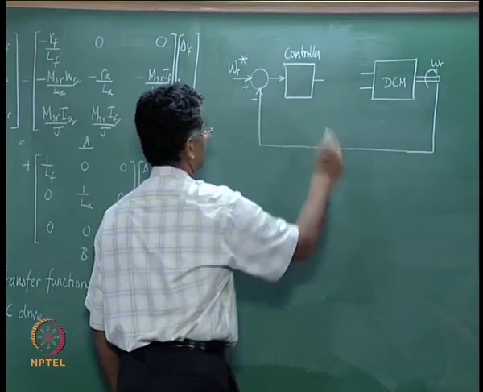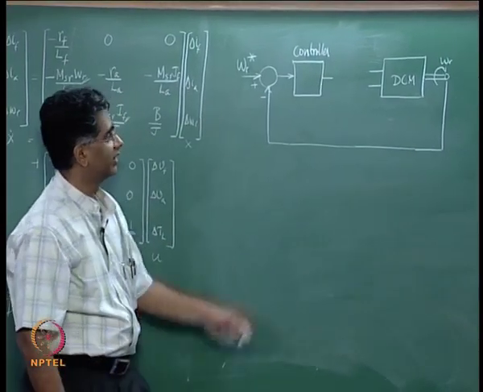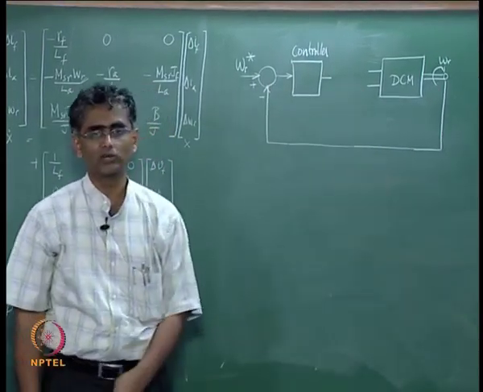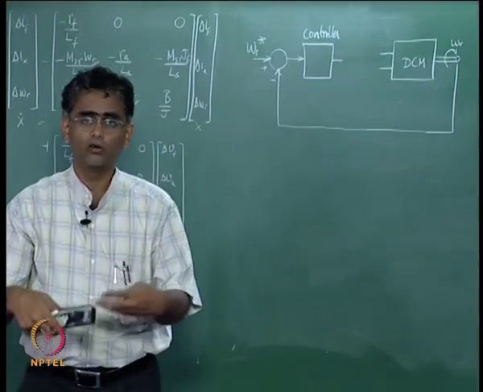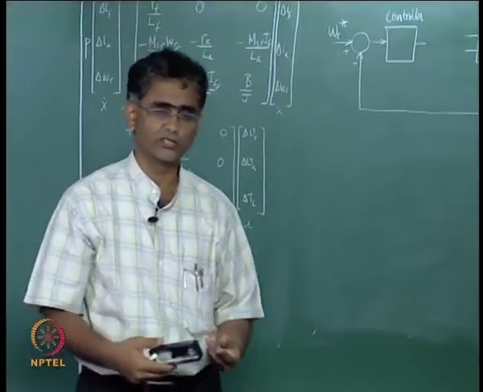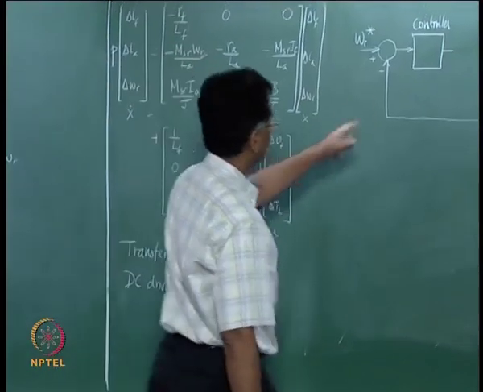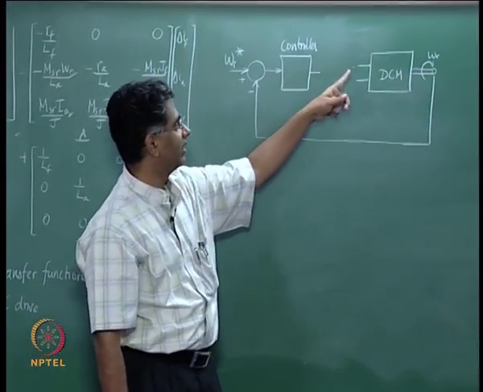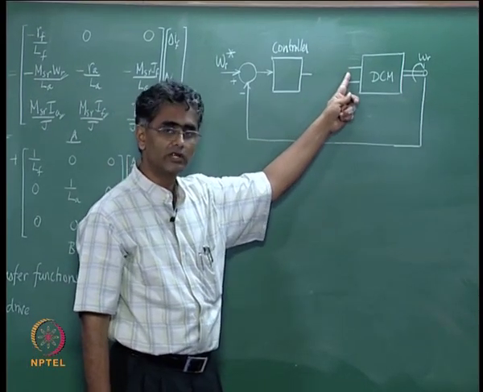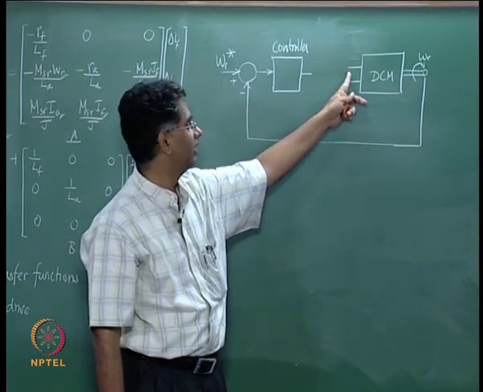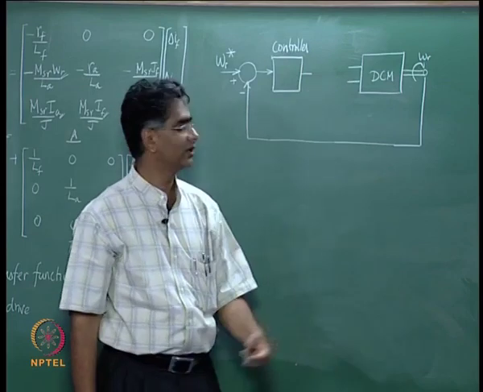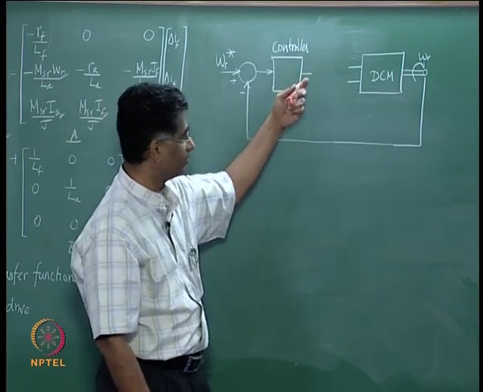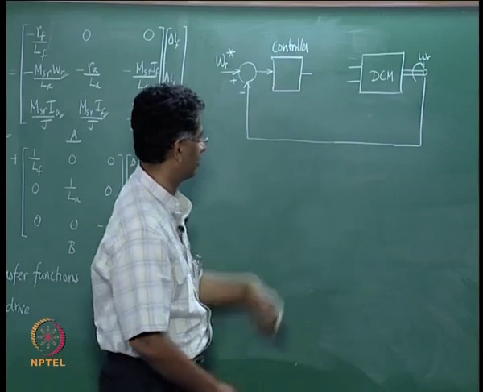and this controller is then going to decide how much armature voltage to apply to the machine in order to overcome the effects of the disturbance, and therefore the output from this controller has to in some way or the other affect the armature voltage that is going to be applied to the machine. Normally this can't be done just by this output from the controller.